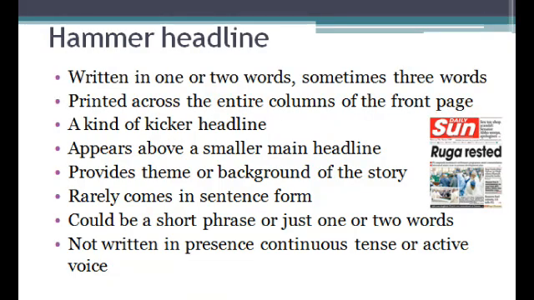The hammer headline. The hammer headline is a large headline that comes in very few words, often 1, 2, or 3 words, printed across the entire columns on the front page. The hammer headline runs across the front page, most times across all the columns. The hammer headline appears above a smaller main headline. It is written in 1 or 2 words, sometimes in 3 words.